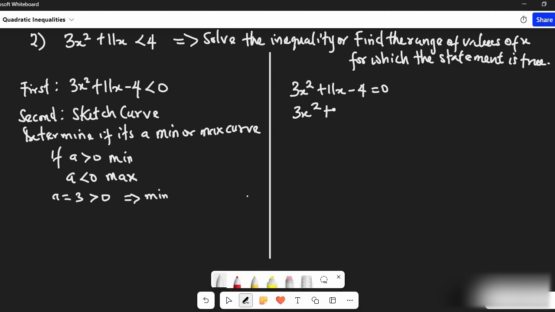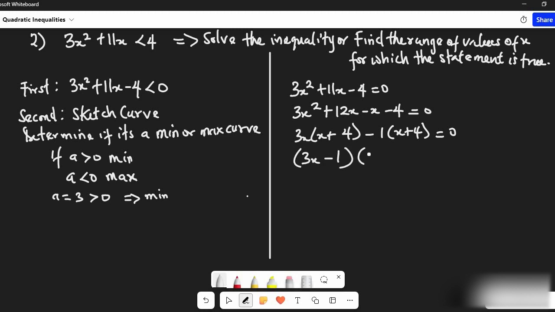So I'm going to say this is 3x squared plus 12x minus x minus 4 equals 0. So this is 3x into x plus 4. This is minus 1 into x plus 4 equals 0. So the factors are 3x minus 1 and x plus 4 equals 0.